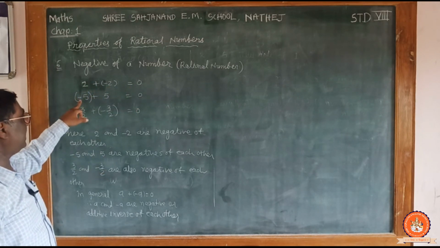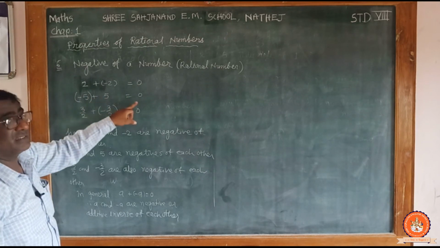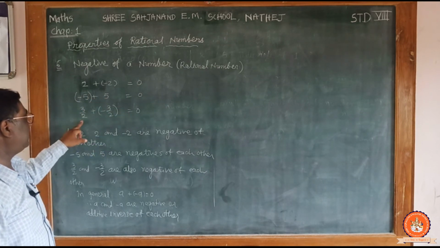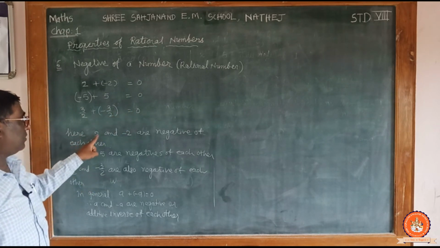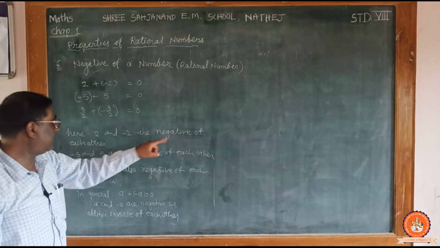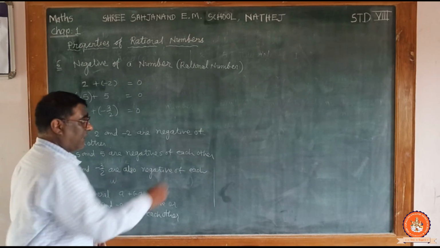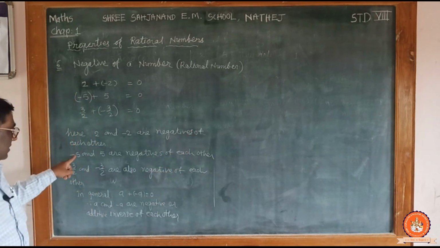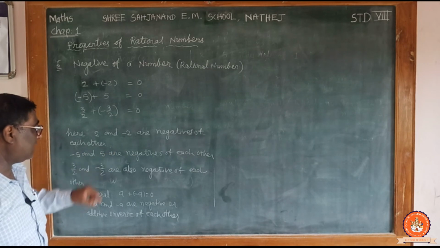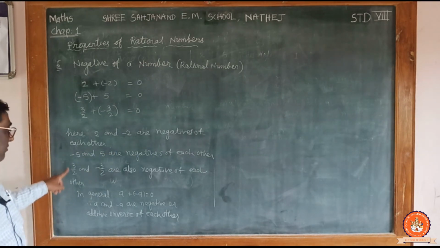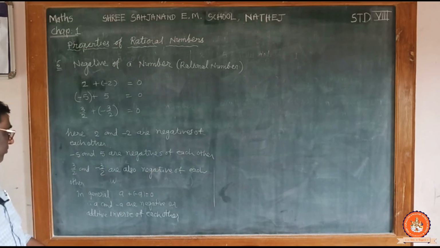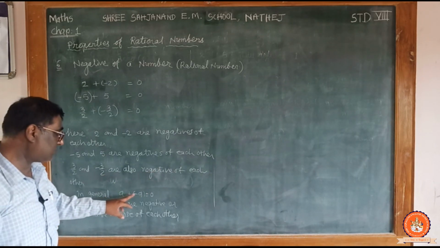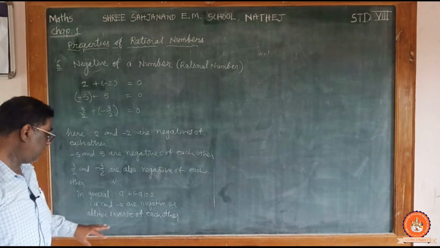Minus 5 plus 5, the answer is 0. 3 by 2 plus minus 3 by 2 is equal to 0. So here 2 and minus 2 are negatives of each other. Similarly, minus 5 and 5 are negatives of each other. 3 by 2 and minus 3 by 2 are also negatives of each other. In general, a plus minus a is equal to 0.